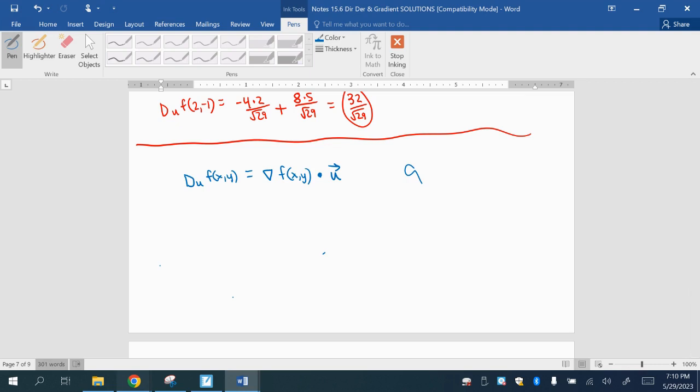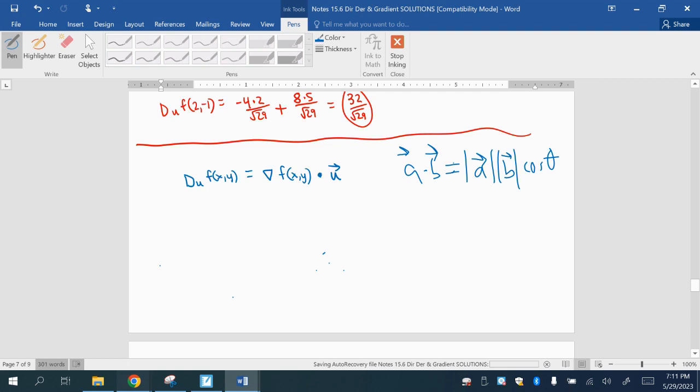We found out that a dot b is the length of vector a times the length of vector b times the cosine of theta, where theta is the angle between your two vectors.